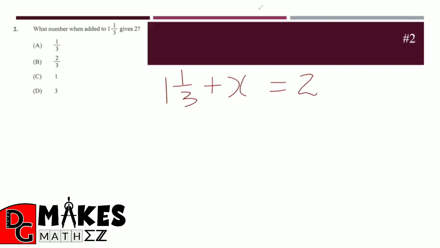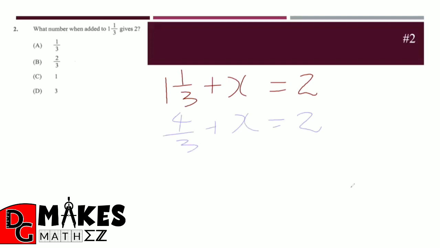Now we are trying to solve for x. We want to know what x is. So you're literally asking yourself, how could I get x on this side by itself? I am going to subtract 1 1/3 from both sides. By the way, we could also convert our 1 1/3 to 4/3. That's fine.